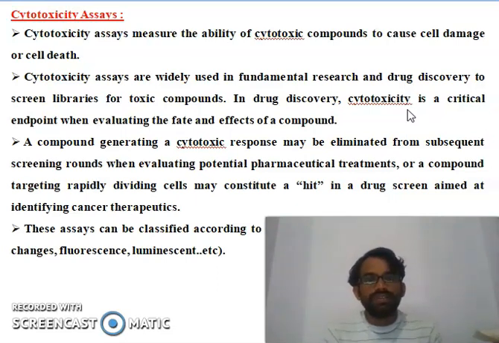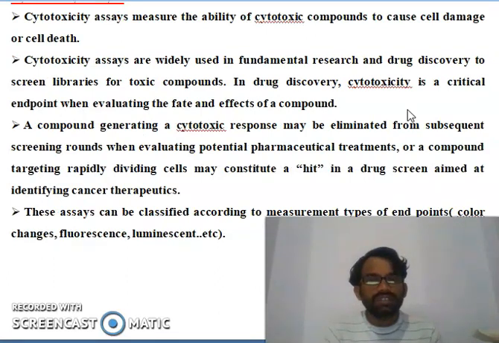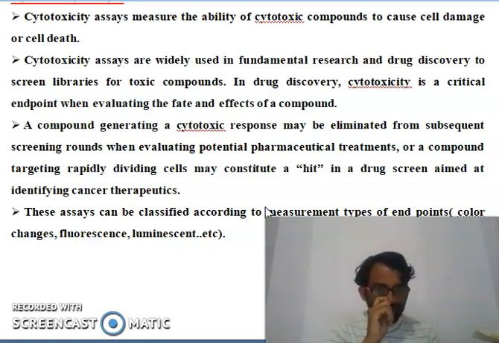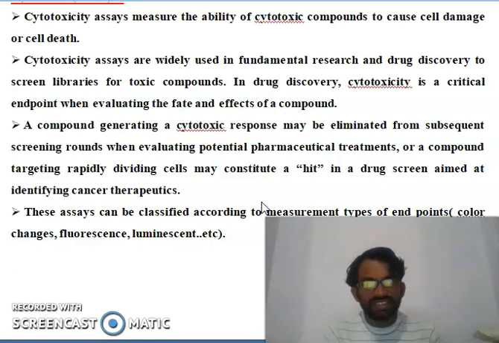A compound generating a cytotoxicity response may be eliminated from subsequent screening rounds when evaluating potential pharmaceutical treatments, or a compound targeting rapidly dividing cells may constitute a hit in a drug screen aimed at identifying cancer therapy.